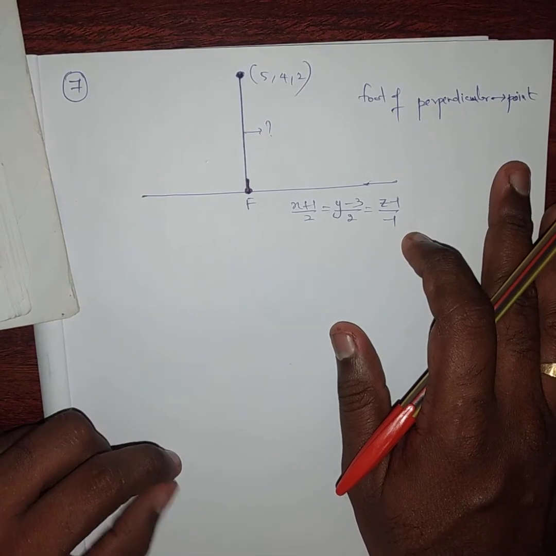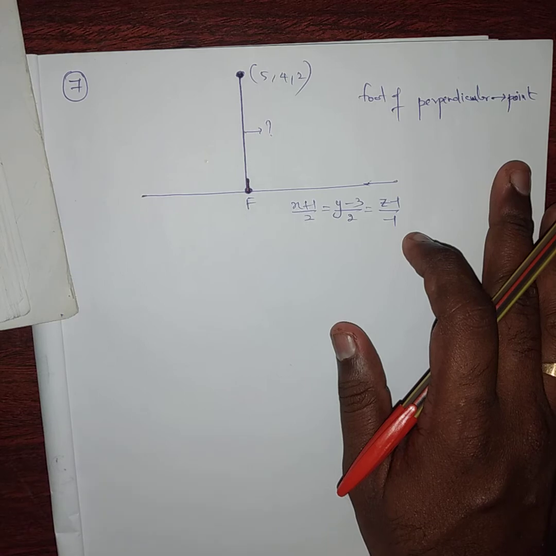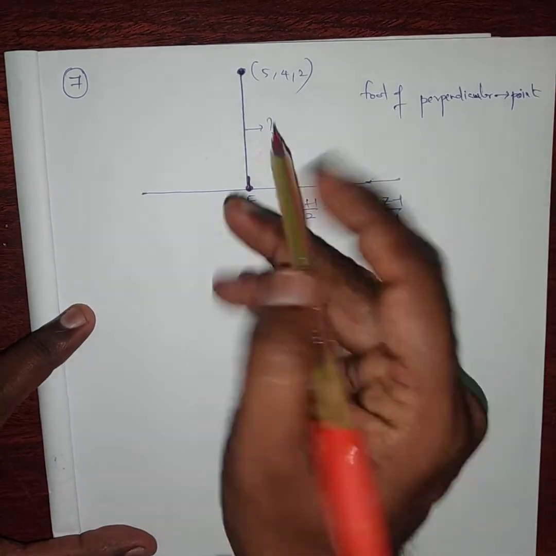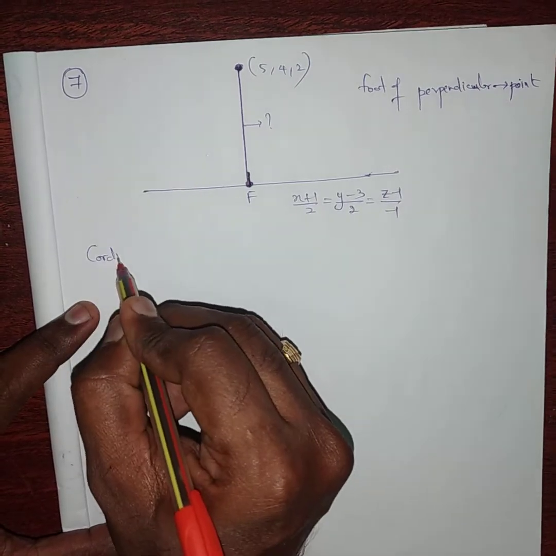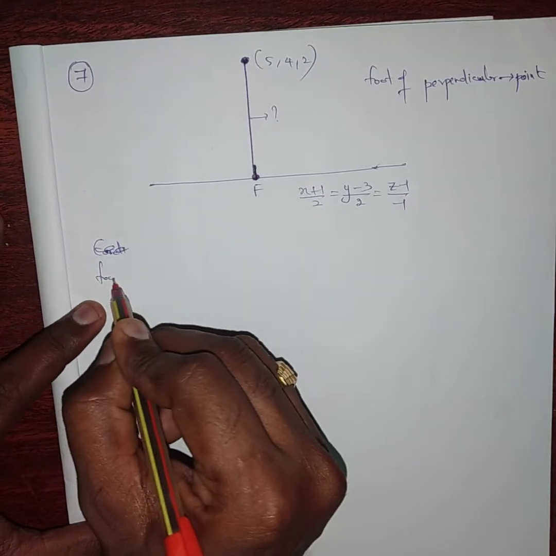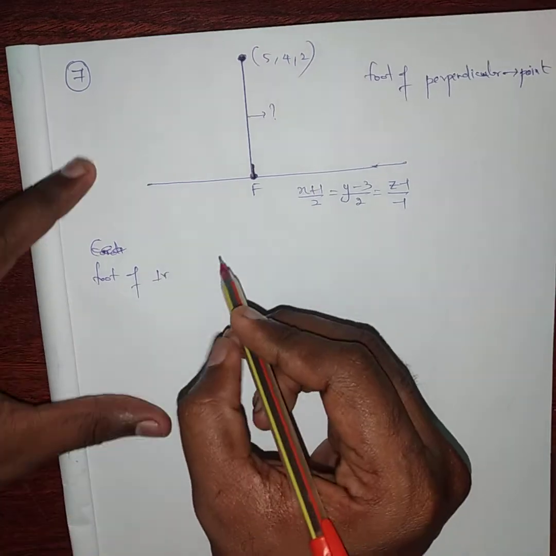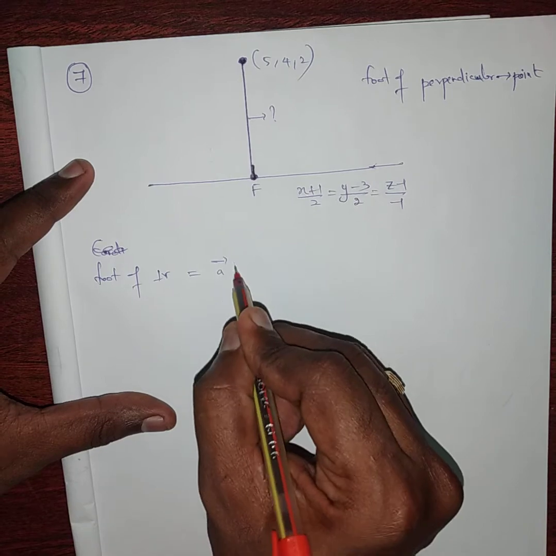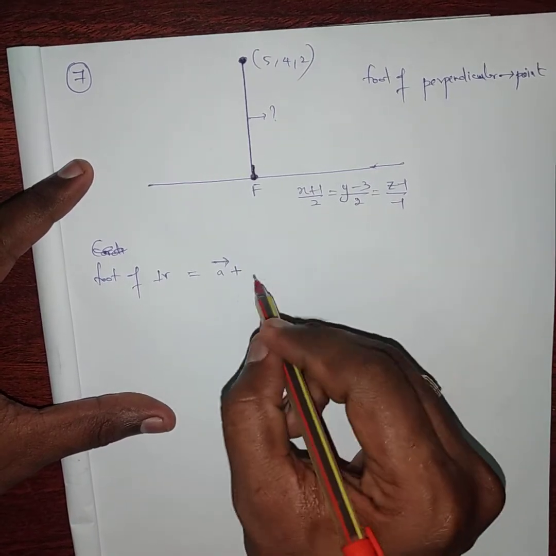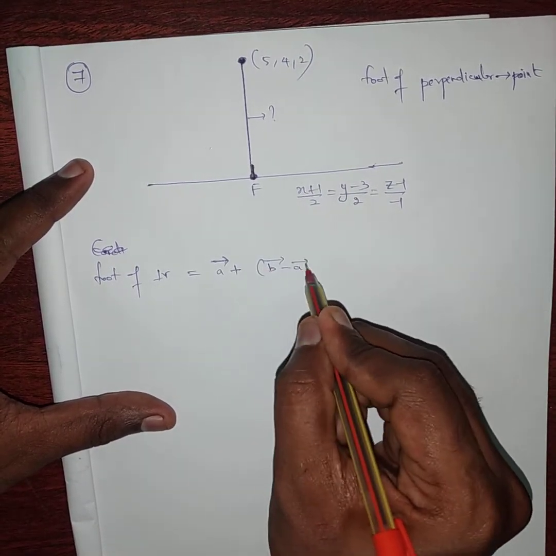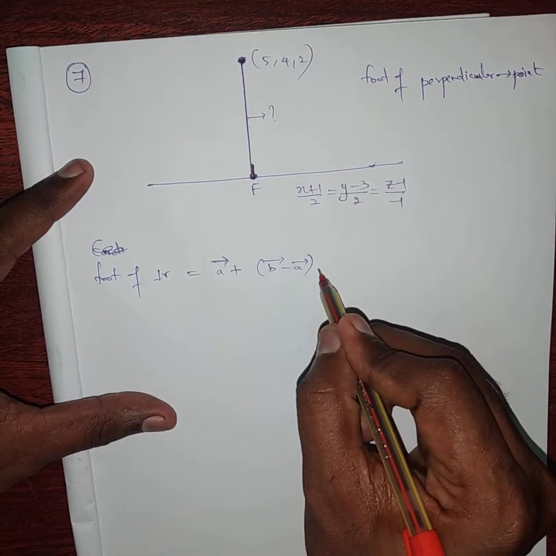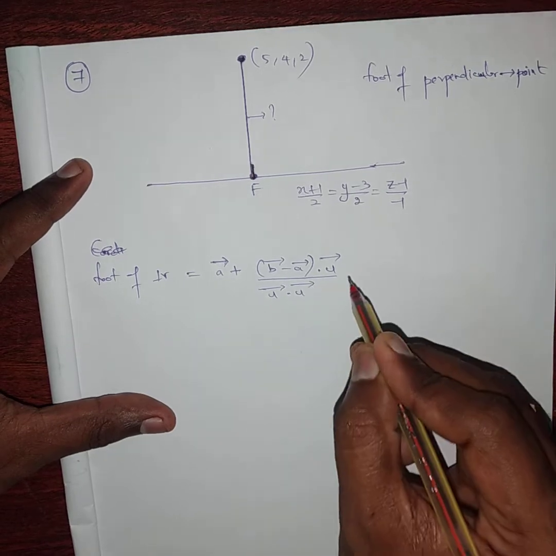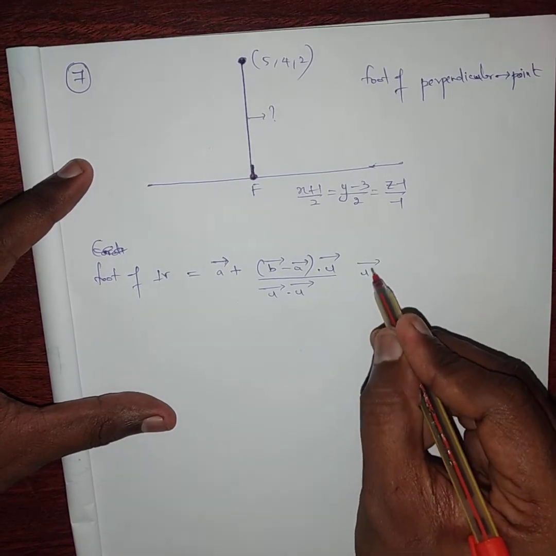To find this, there is one easy method. Using this, I am going to solve this sum. To find the foot of perpendicular, I have a formula: a vector plus (b vector minus a vector) dot u vector divided by u vector dot u vector, into u vector.